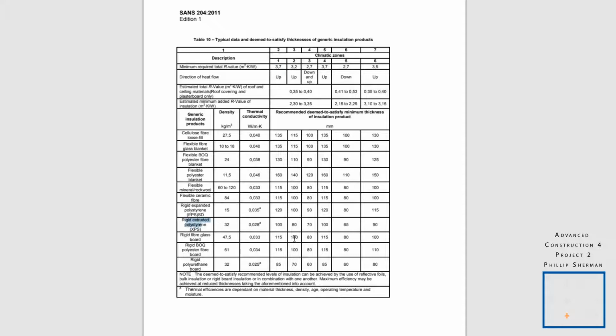Extruded polystyrene XPS, I would only need 100 millimeters thick XPS to give me an R value of 3.7. So you would need to go find out what R values, or what thickness of insulation, you would apply inside of your retrofitting wall to give you the R value that you require for your climatic zone.